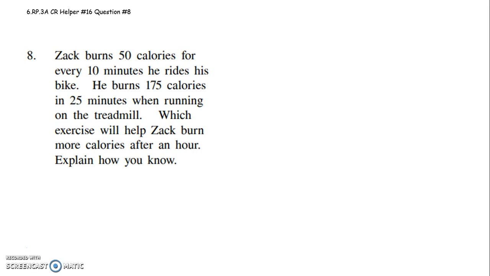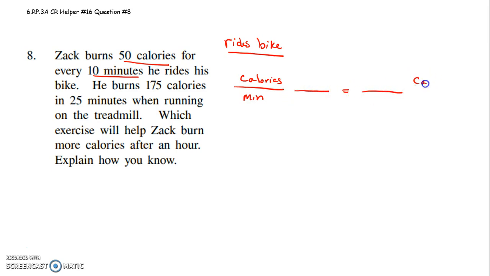All right, the first thing I'm going to do for each of these is to find a unit rate. So let's look for when he rides his bike. We're going to do calories compared to minutes. So I'm going to do calories over minutes equals calories over minutes.